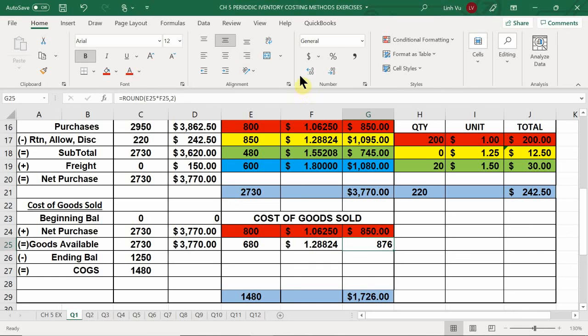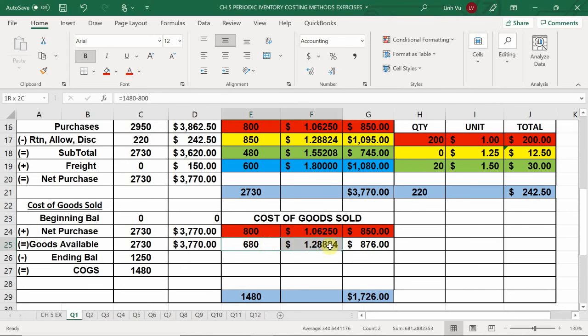Now, of course, if you left it unrounded, it would give you a long decimal number. So I already did the math in Excel to round it off for me automatically.